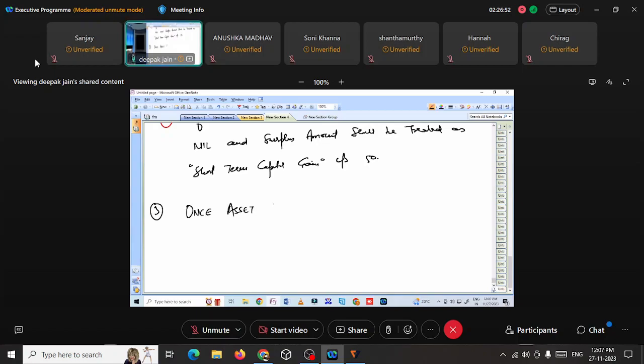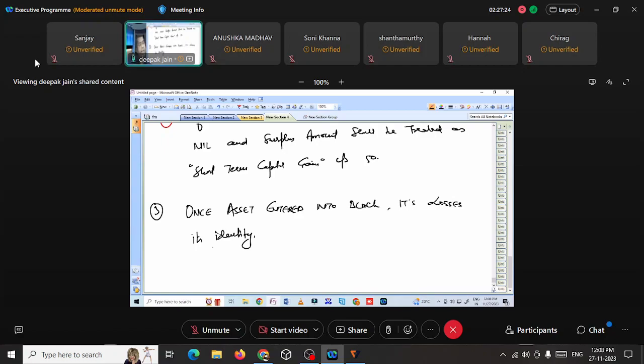In the last line, the most important line: once an asset has entered into the block, it loses its identity.